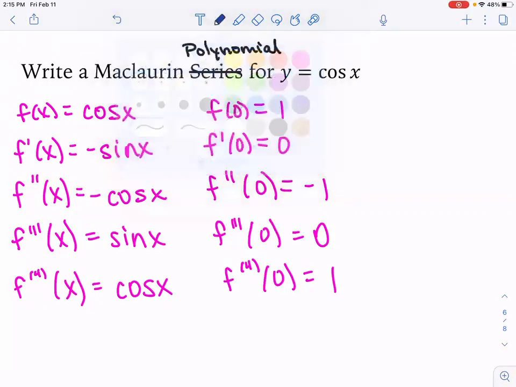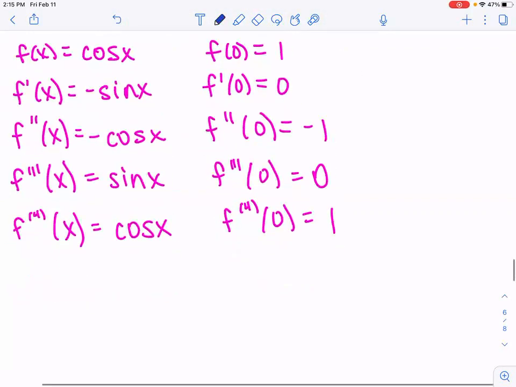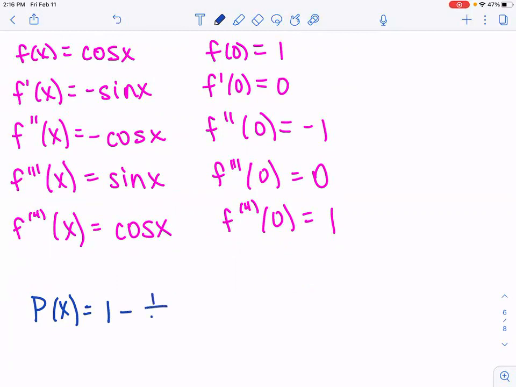So our polynomial is going to be 1 plus 0x plus negative 1 over 2 factorial x squared plus 0x cubed plus 1 over 4 factorial x to the fourth.